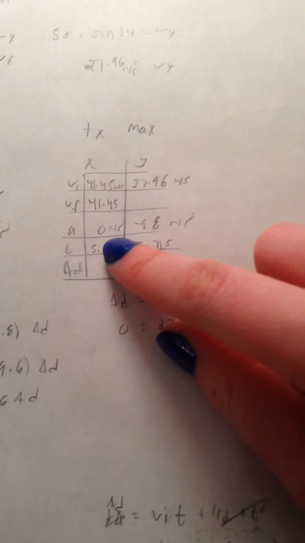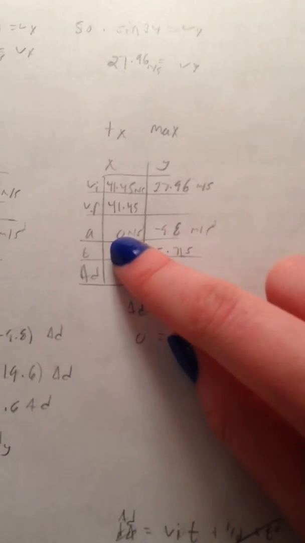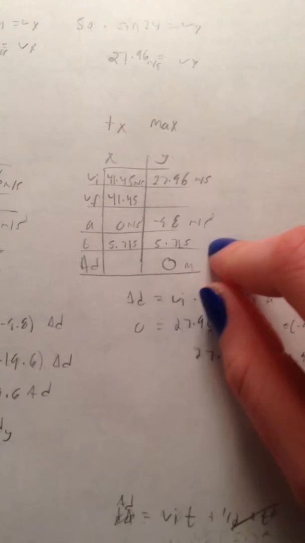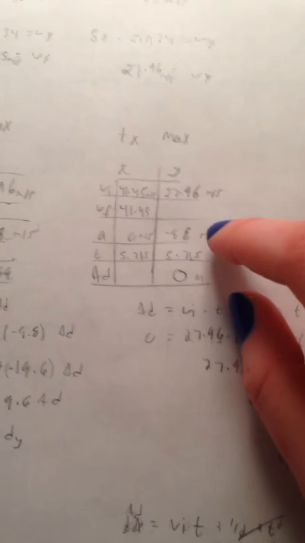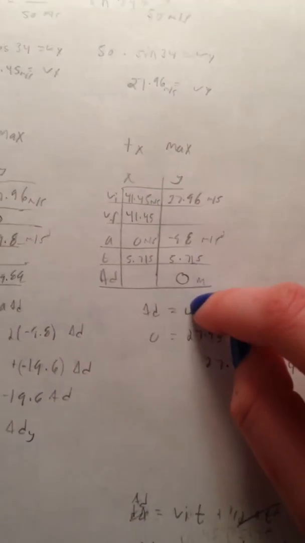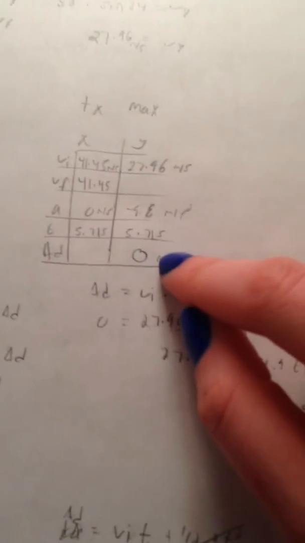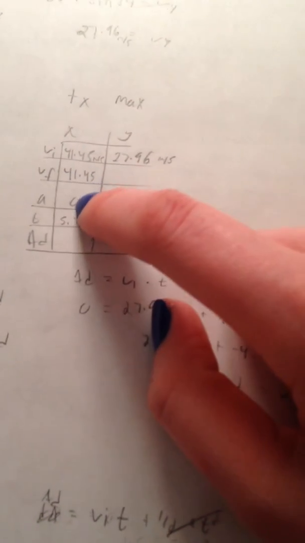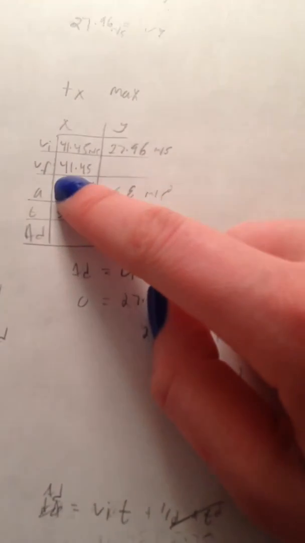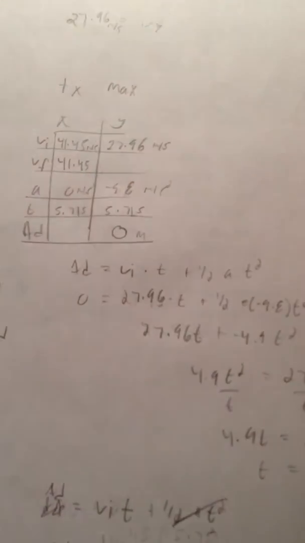And then I again filled in my accelerations so that I always know that x is 0 and that y is negative 9.8 meters per second squared. I know that my delta D is 0 because when finding this, the y factor is always 0. And since the acceleration is 0, I knew that my final was 41.45.